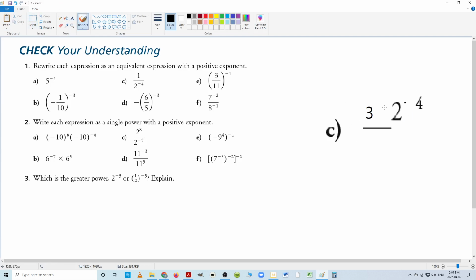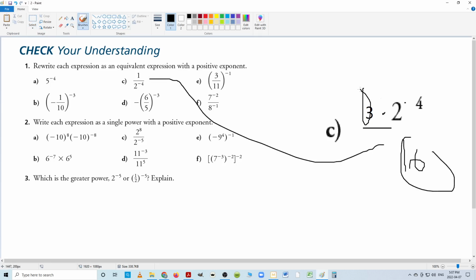And 2 to the positive 4 is 4, 8, 16. So the answer to the question they're asking is just 16. But if there was a 3 there as a numerator, I would then multiply this by 3 and the answer would be 48. That's just in case the numerator is not always 1. Essentially, it was dividing, it's now multiplying.